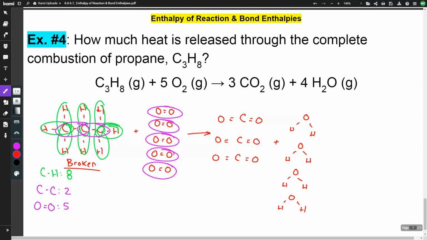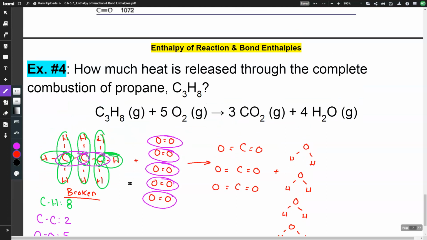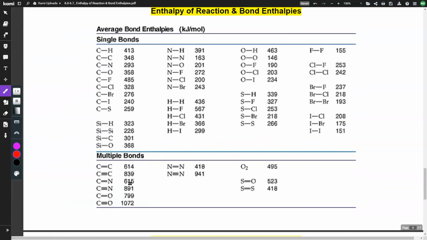So what you would do is go up to the table and look up all of these bonds. For example, our carbon-hydrogen bond is up here, and our carbon-carbon bond is right below it. That's convenient. And then we have a double bond oxygen. Where is that on my table? O2, right here.